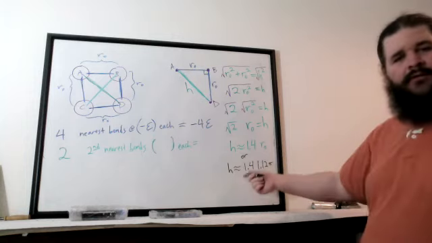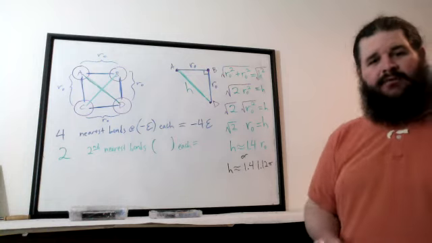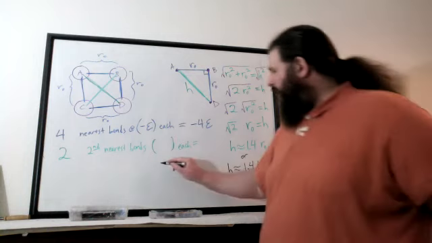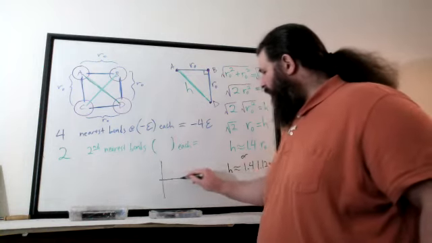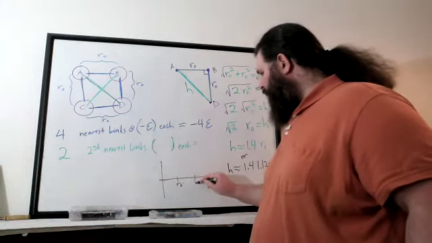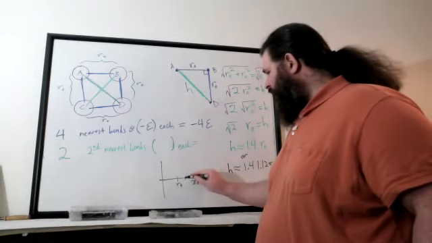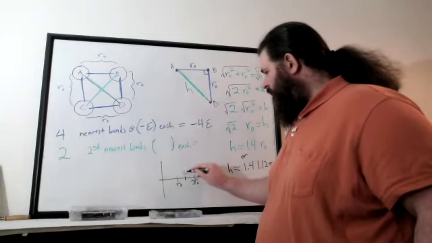So multiply 1.4 times 1.12, and that'll get you a measurement in sigma to look for on the graph. But let's say we had that same graph labeled in R naught again. R naught, 2 R naught, 1.4 R naught is going to be somewhere in between those, a little less than half.